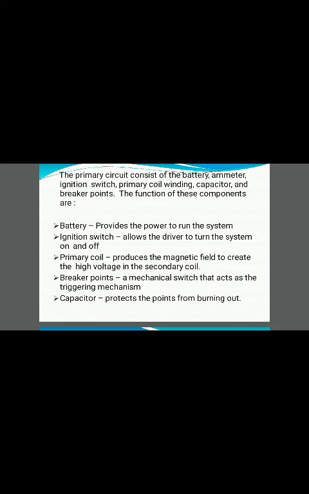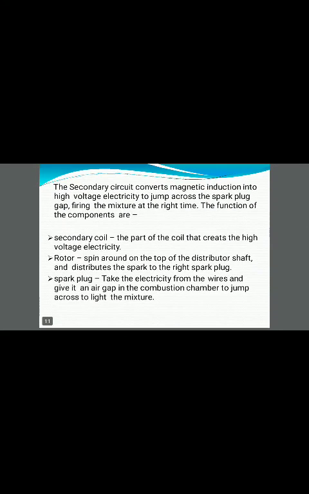Now the breaker point: a mechanical switch is used as a breaker point that acts as the triggering mechanism. Capacitor: it protects the point from burning out. The capacitor is used in the system to protect the system components from burning out.